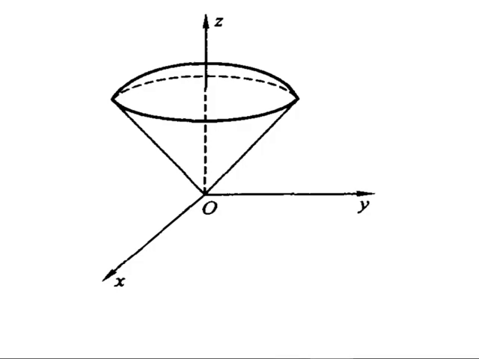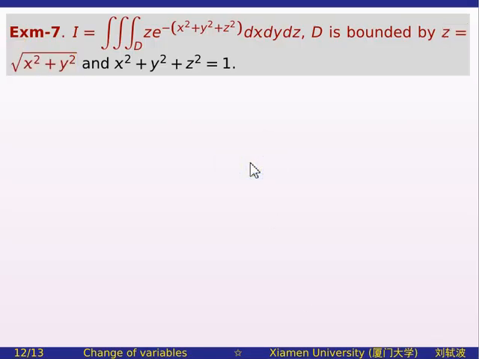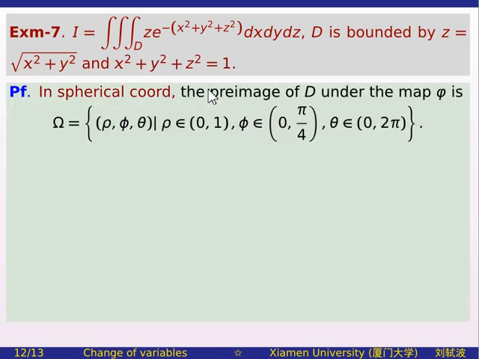So from this geometric consideration, this domain can be written in spherical coordinates in this way: rho is from 0 to 1, theta from 0 to 2 pi, and phi from 0 to pi over 4. How to determine this?